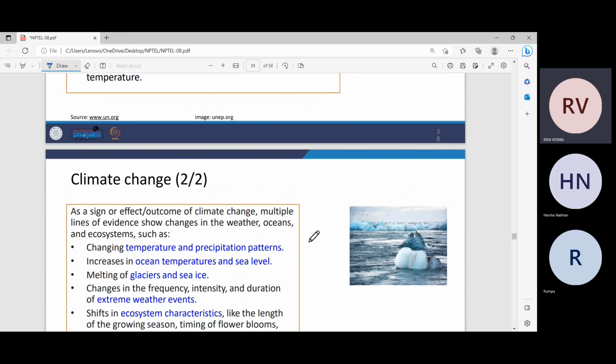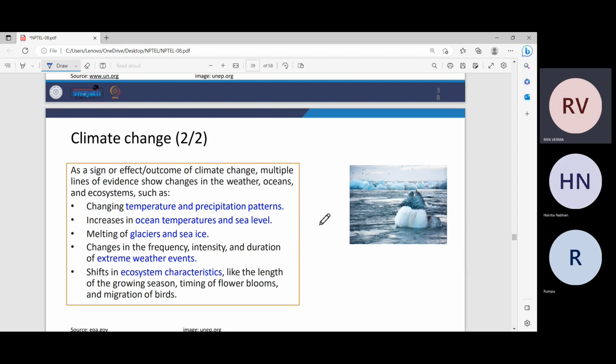in the climatic conditions. So what are the effects or outcomes of climate change? How can we say that the climate is changing, or how can we visualize the impacts of climate change? We can see them in the weather patterns, in the oceans, or changes in the ecosystems. For example, the changes in the temperature and precipitation patterns. We can clearly observe that last week we had such a high amount of rainfall.